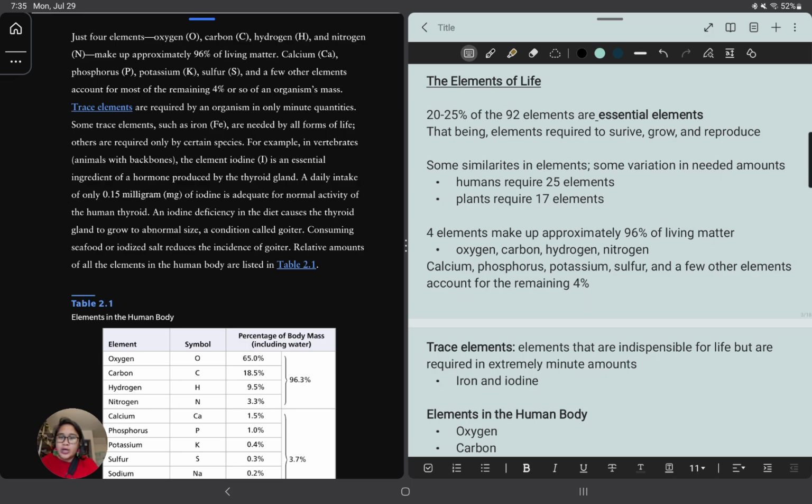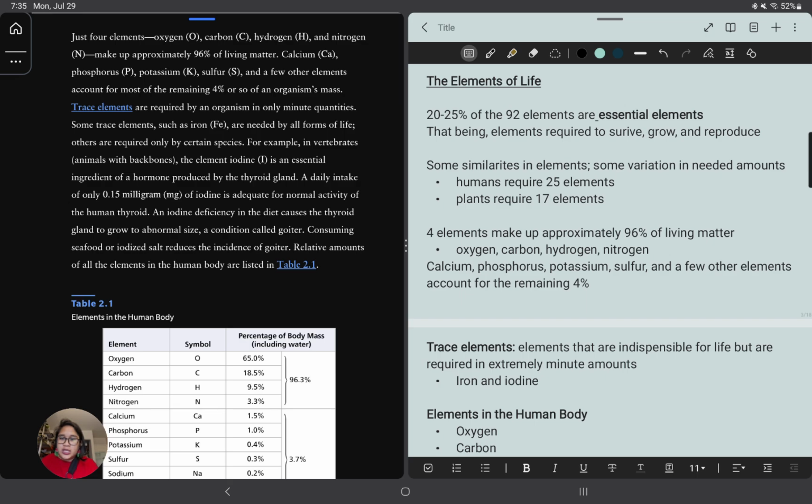Trace elements are required by an organism in only minute quantities. Some trace elements, such as iron, are needed by all forms of life. Others are required only by certain species. For example, in vertebrates, animals with backbones, the element iodine is an essential ingredient of a hormone produced by the thyroid gland.